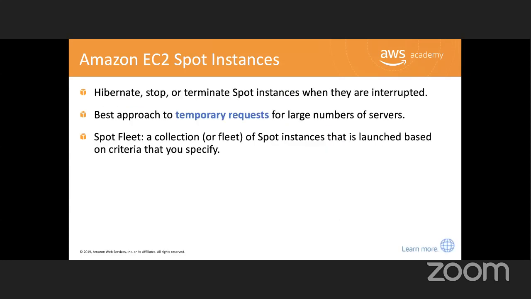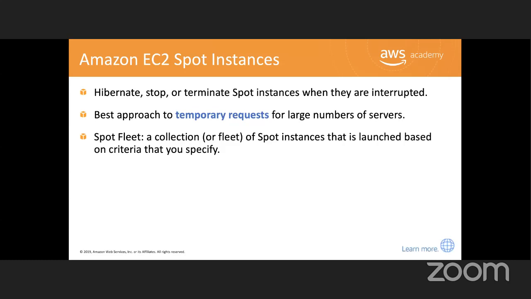So with spot instances, you can interrupt them, you know that, and you can hibernate, stop, or terminate spot instances when they are interrupted. The difference between this and on-demand: on-demand cannot be interrupted, spot instances can be interrupted. It's the best approach for temporary requests for large numbers of servers.